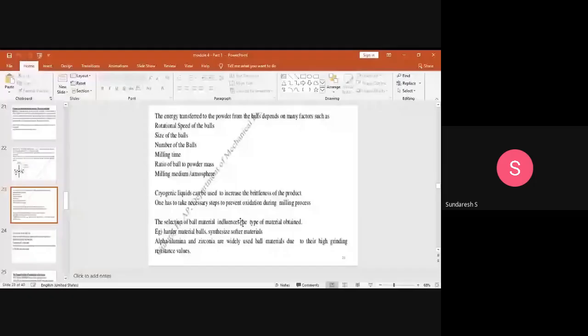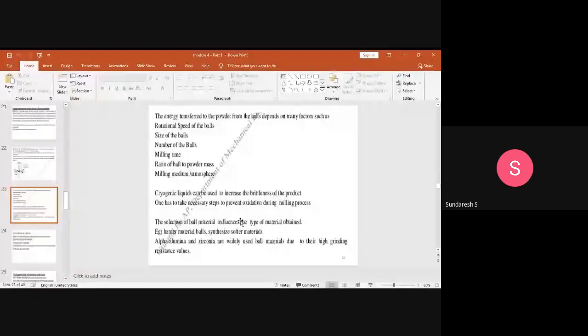The selection of ball material influences the type of material obtained. For example, harder material balls synthesize softer material. Alpha alumina and zirconia are widely used ball materials due to their high grinding resistance value. The harder material ball synthesizes softer materials.